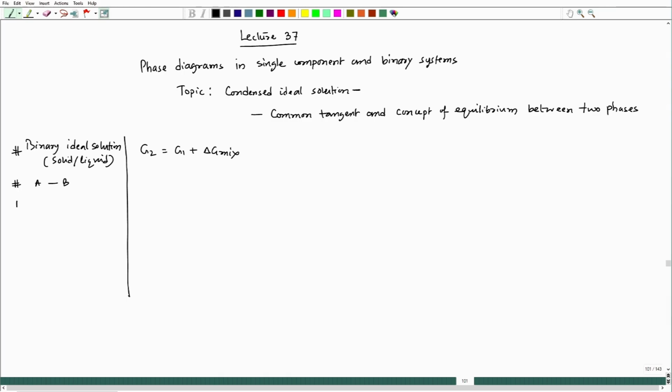A and B, Xa and Xb are basically the number of moles in 1 mole solution. So, then these two quantities become the mole fractions. So, these are the mole fractions of A and B when we are making a solution of 1 mole.